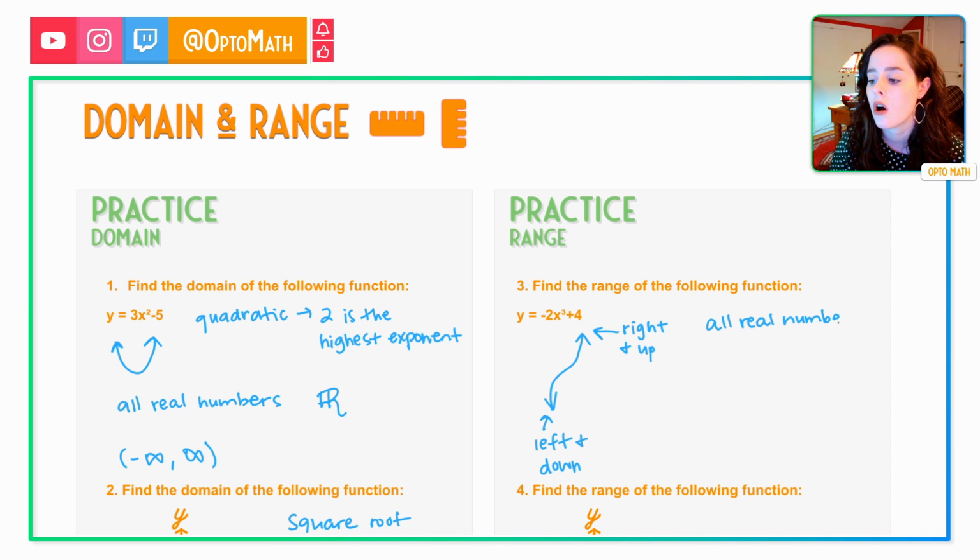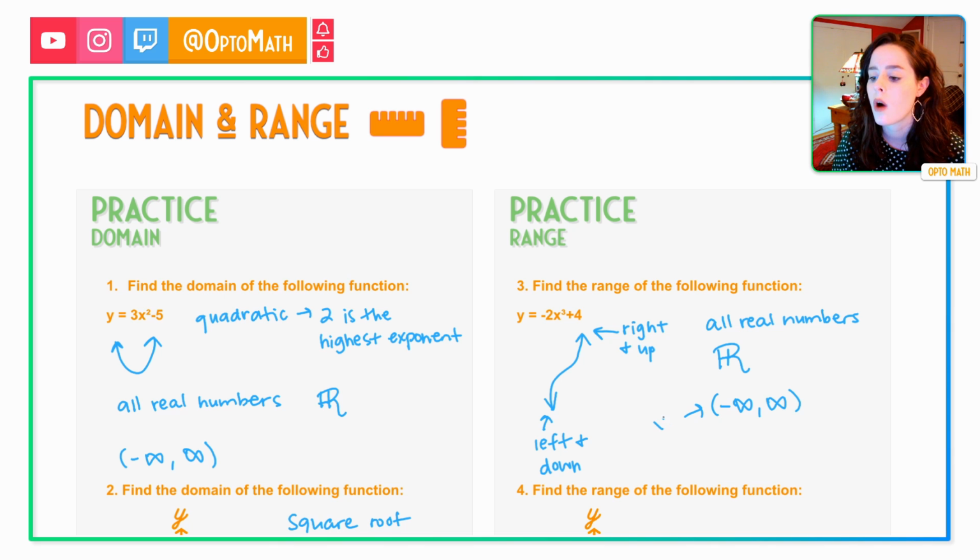It's going for all the negative y values and all of the positive y values. And we'll say our special symbol, so that R with two sticks, and we can write it in interval notation. So negative infinity to positive infinity.